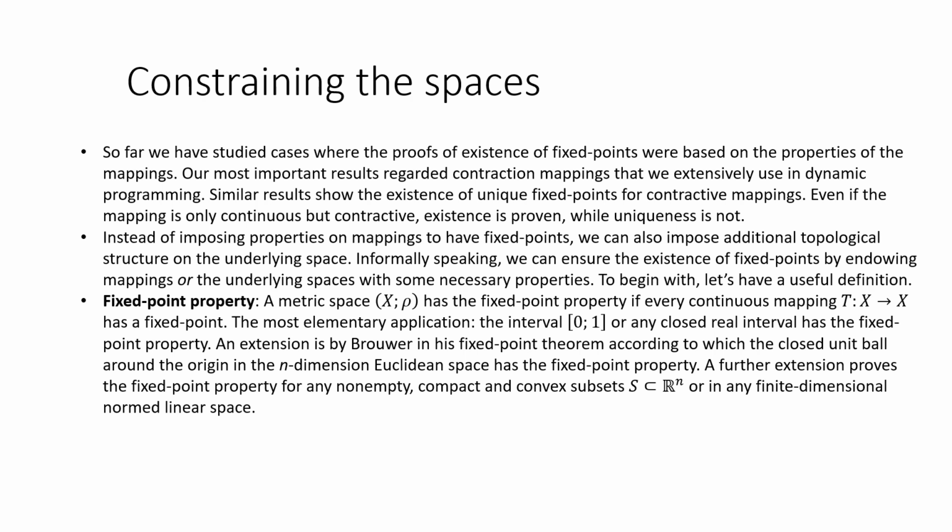A metric space has the fixed point property if every continuous mapping, see, this is only continuous mapping, we don't need contractive or contraction mappings, we need continuous mappings, a very general family of mappings, has a fixed point. At the most elementary level, we can easily show that any closed interval on the real line has the fixed point property.